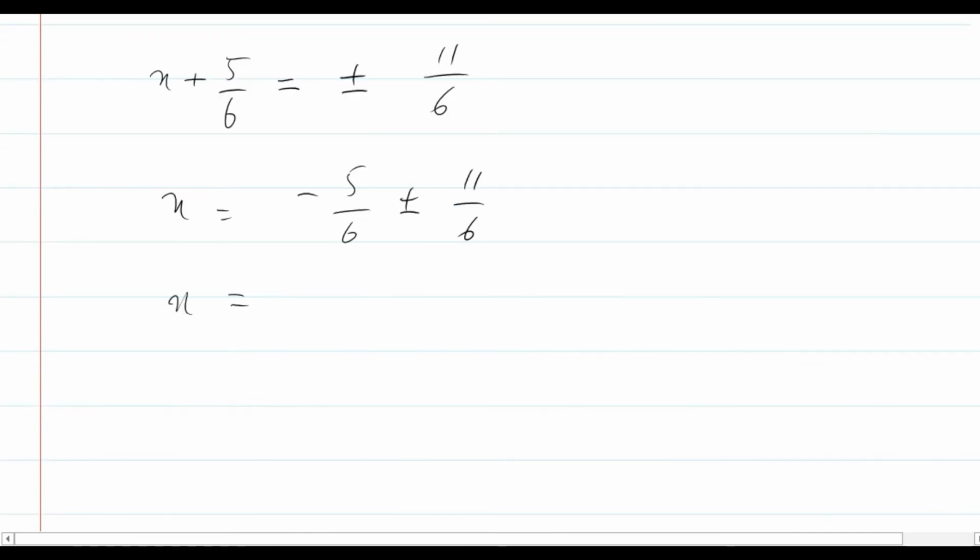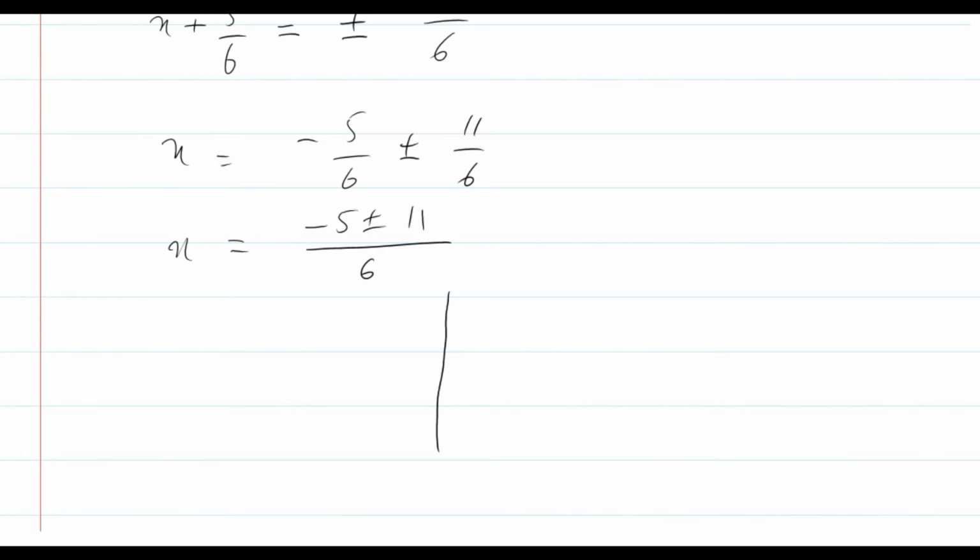Taking 6 as LCM, you are left with minus 5 plus minus 11. Now you can write it as x equal to minus 5 plus 11 over 6 and x equal to minus 5 minus 11 over 6.